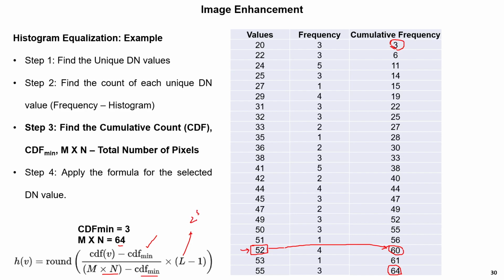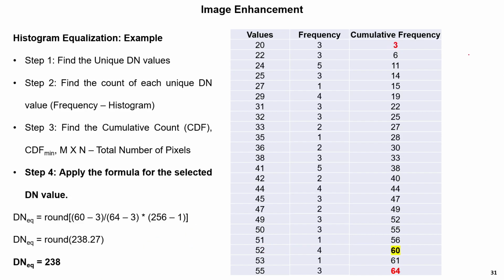We are going to stretch between 0 to 255. So that will be 60 minus 3 divided by 64 minus 3 into 255. That will approximately round off to 238. So that is what I have shown here. I think everyone understood.